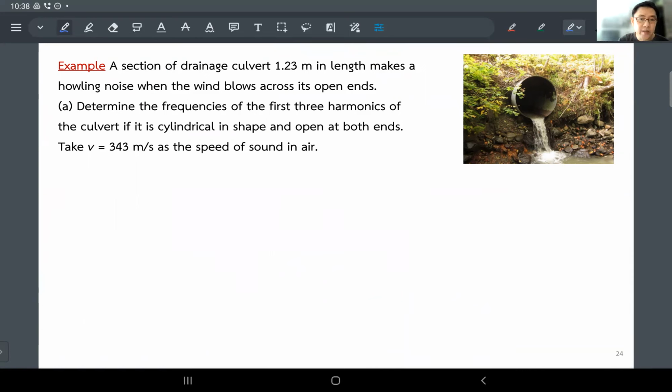Determine the frequency of the first three harmonics of this culvert if it is cylindrical in shape and open at both ends. So think of it like an open-end tube. The velocity of sound is given, and the length of the tube is also given. Give me the first three harmonics. All right, guys, go for it.